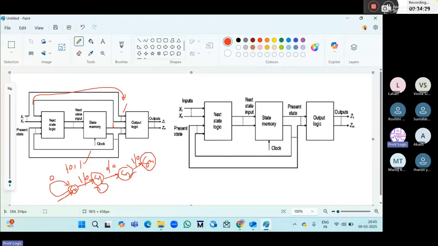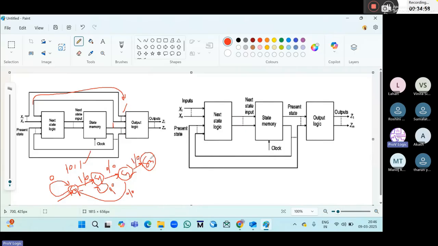What about 0? 0 means it will go to the reset state, because S0 is already storing the 0 value. So in this case 1/0, here 0/0, and here S3, 1 is the value.